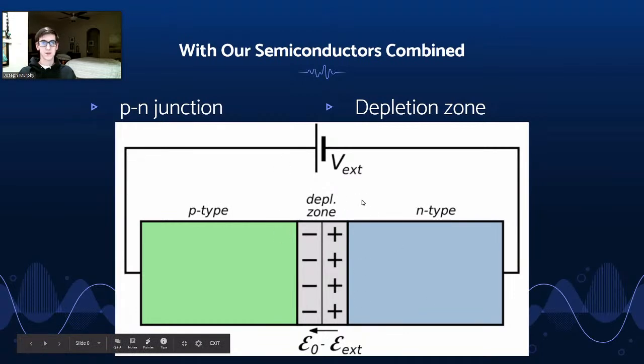Every time an electron jumps from the n-type to the p-type semiconductor, we end up with a cation on the n-type and an anion on the p-type. And so by the pre-existing mobile electrons in the conduction band jumping from n to p, we end up with this depletion zone at the point of contact, the junction, where we have essentially a wall of ions where no more charge carriers exist.